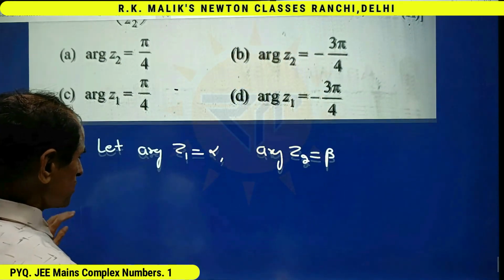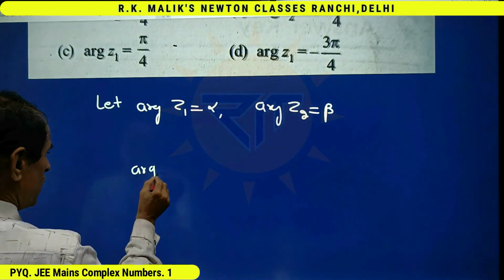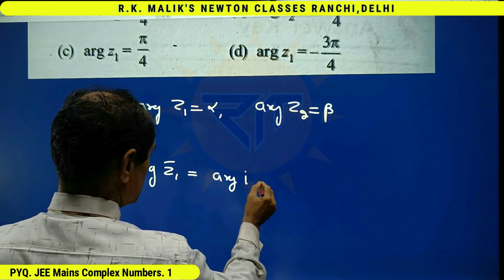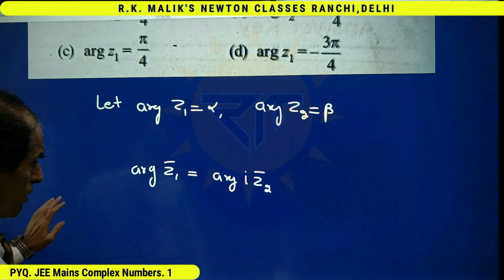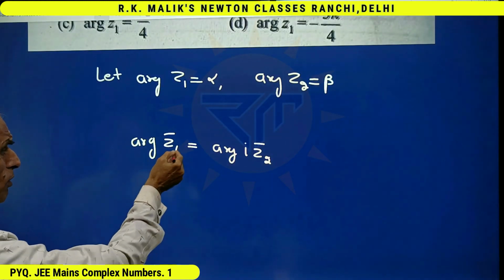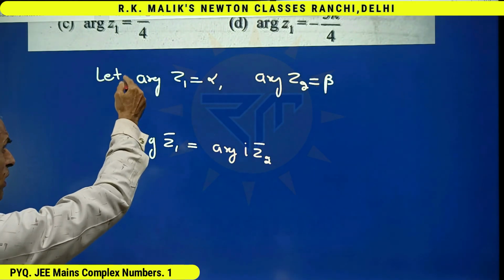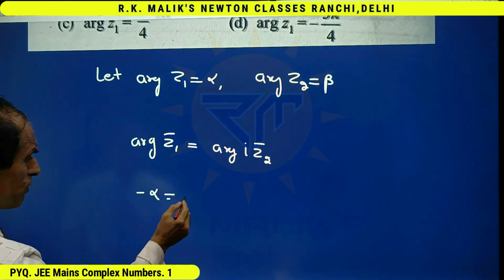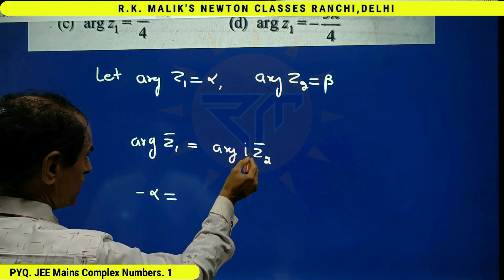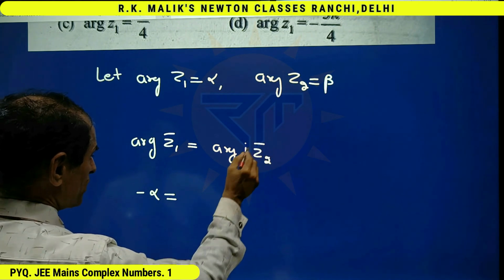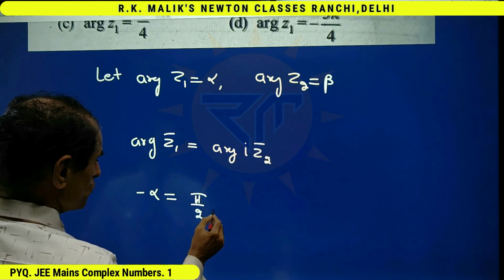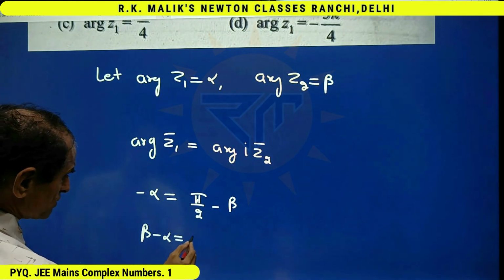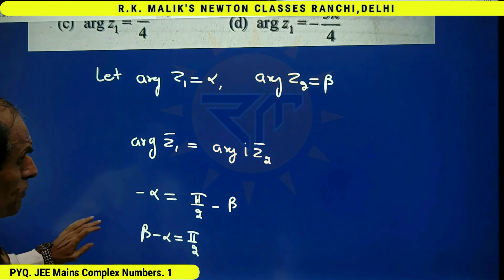This information implies that argument of z1 bar is equal to argument of i z2 bar, and we know that argument of z1 bar is minus argument of z1. Therefore, this becomes minus alpha equal to argument of i plus argument of z2 bar, that is pi by 2 minus beta, that is beta minus alpha is pi by 2.